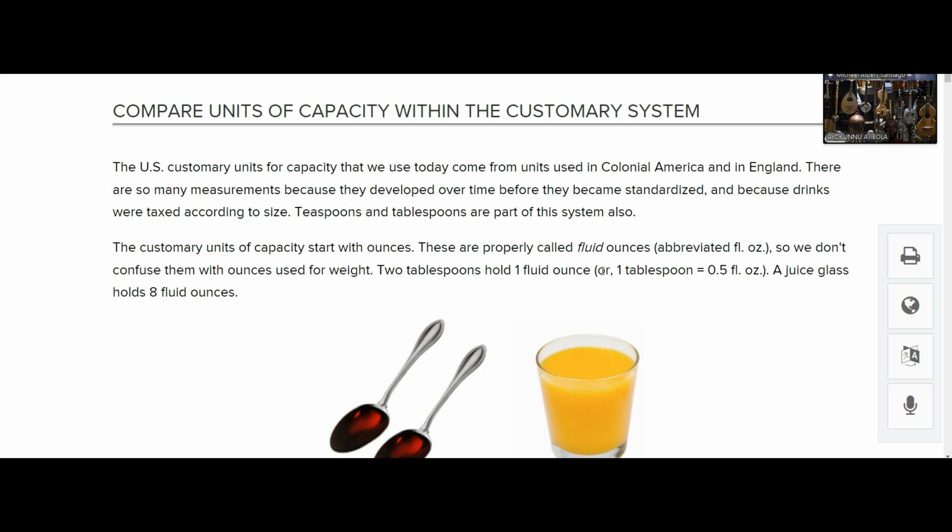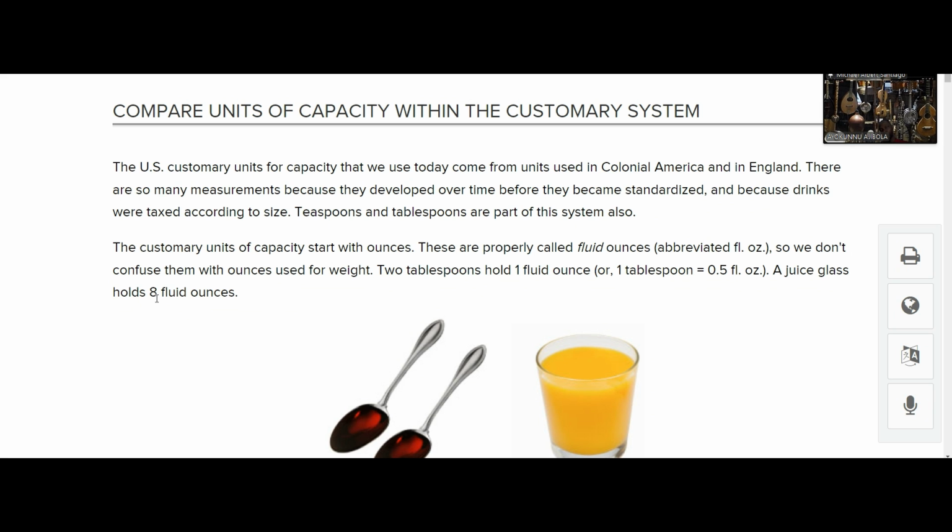2 tablespoons hold 1 fluid ounce, or 1 tablespoon is 0.5 fluid ounce. So we say a juice glass holds 8 fluid ounces. Is that clear?